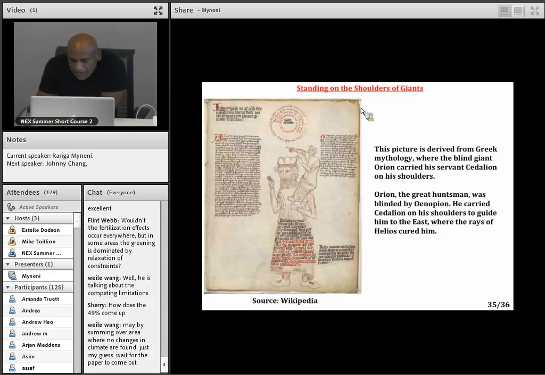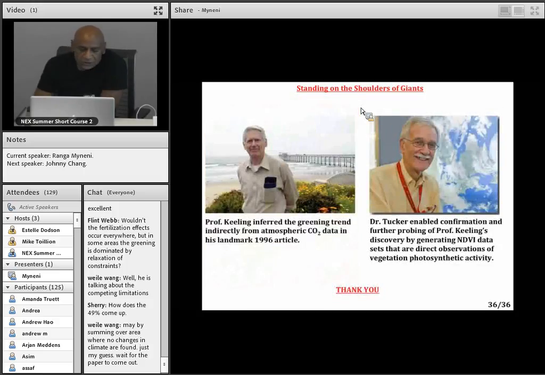So that is actually what it means. That's the source of standing on the shoulders of giants. And so if you stand on the shoulders of giants, you can see very far. So here are the giants. So I started with Professor Keeling, who is very well known for atmospheric CO2 data, etc. But little do people recognize that Keeling discovered an entirely new field, that of the greening earth.